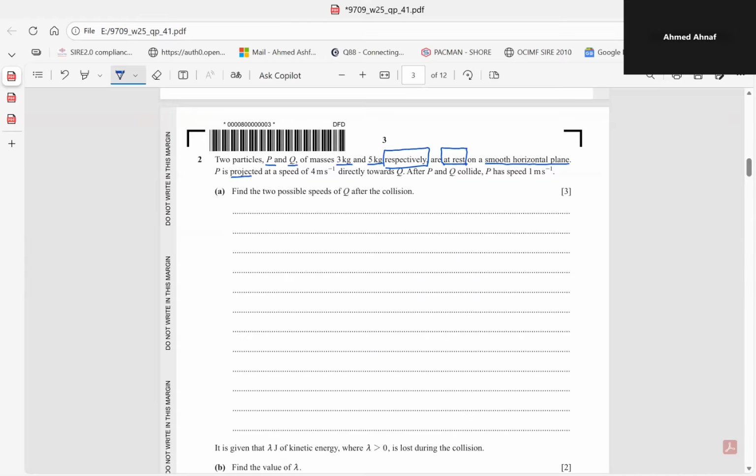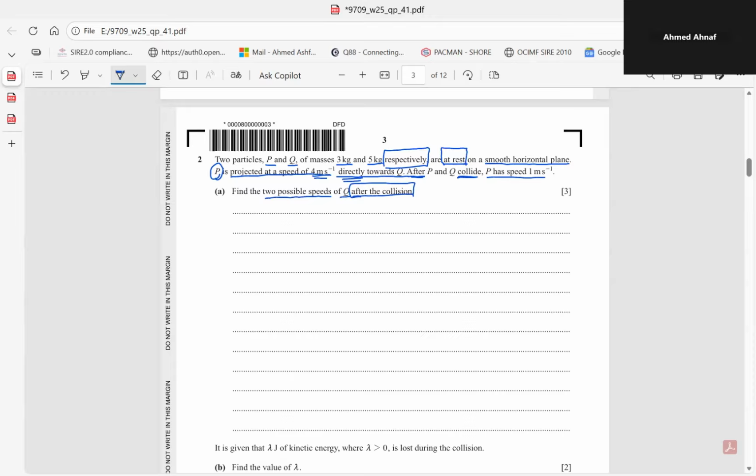P is projected at a speed of 4 meters per second directly towards Q. So this second part tells us the speed and the direction that P is going in initially. So this is for P. And then it says in the last sentence, after P and Q collide, P has speed 1 meter per second. Okay, so for the first part, we need to find the two possible speeds of Q after the collision.